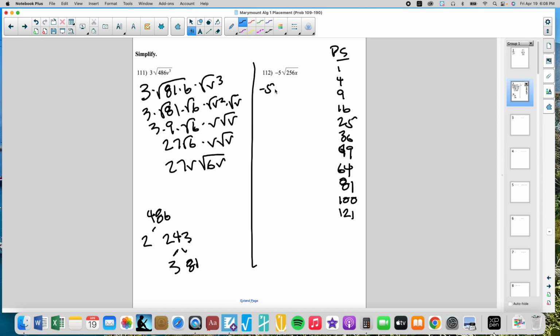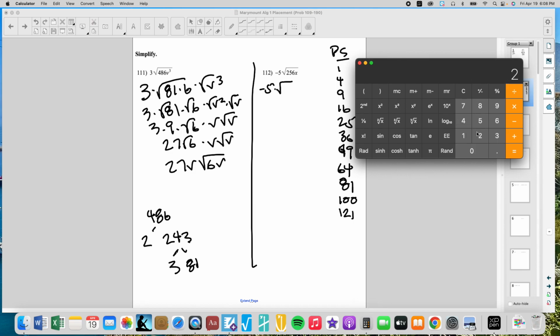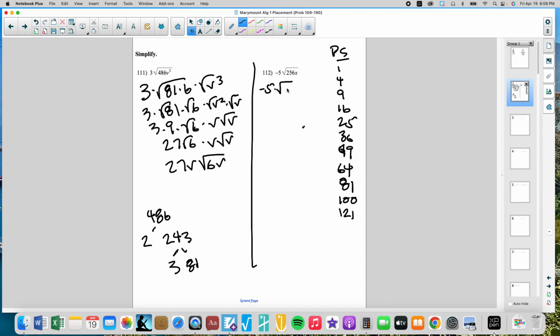So let's do number 112. We have rad of negative 5 times 256x. 256 is 16 squared. So if we separate those, you get negative 5 times 16 times rad x. Rad x can't be simplified.